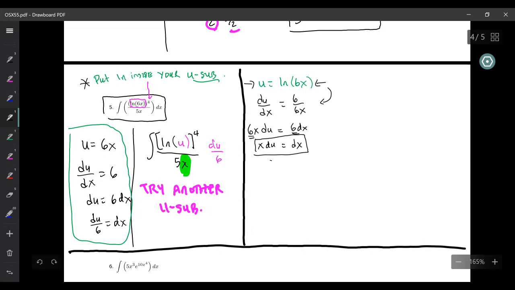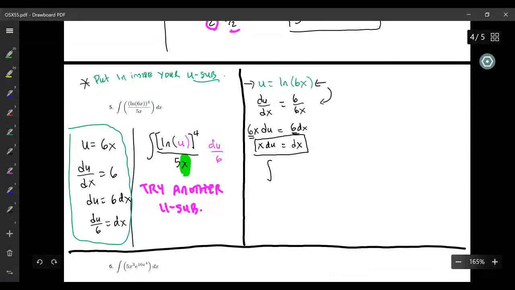All right, so we are down to this integral, right? I'm going to highlight the u that I picked. That whole thing is u, which means that the numerator is u to the 4th power over 5x.